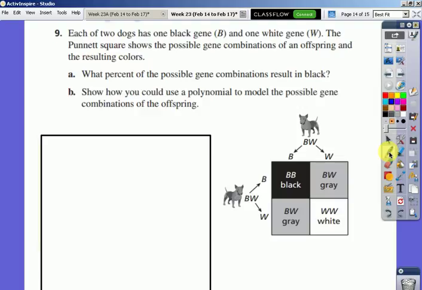So let's think about this. From mother, you have a 50% chance that you can get a black gene, right? You're looking at just a black gene and a white gene. Together they make the gray, right? For mom and dad, we have 2 possible genes. You can get a black gene and a white gene, right? 50% and 50%.